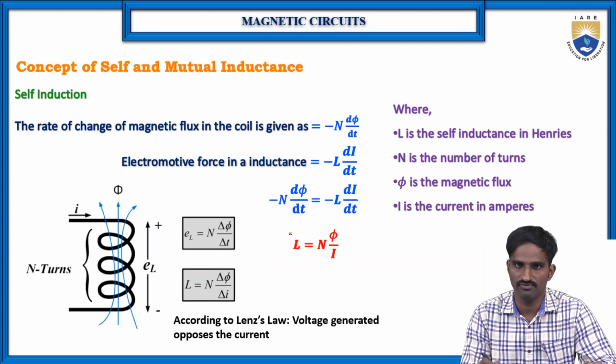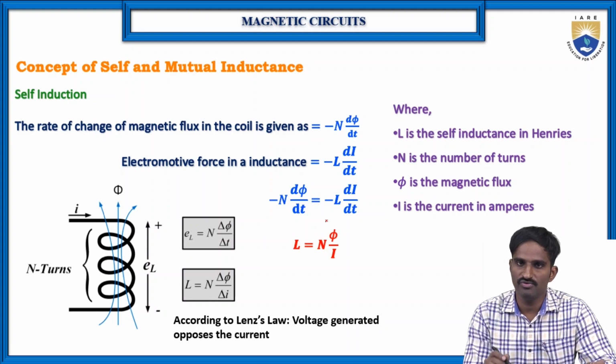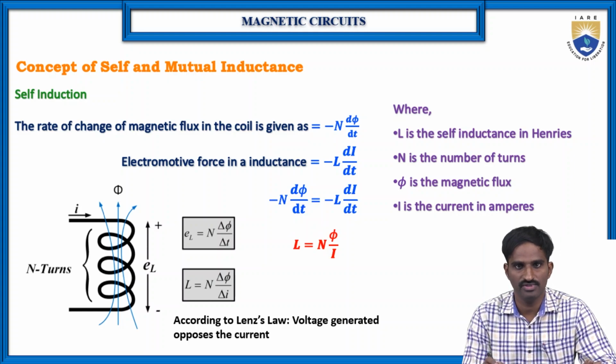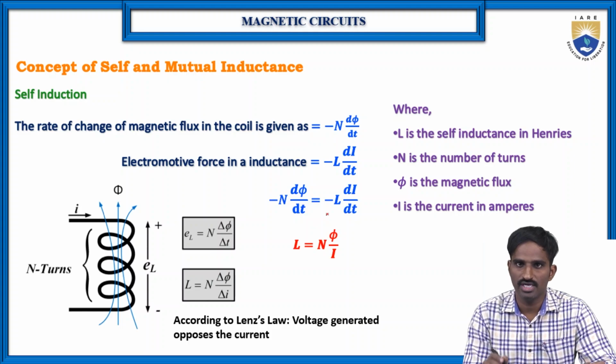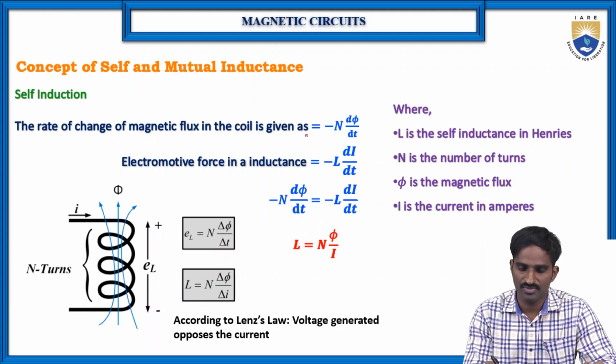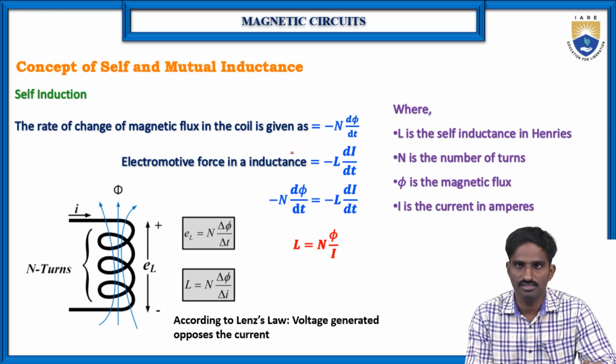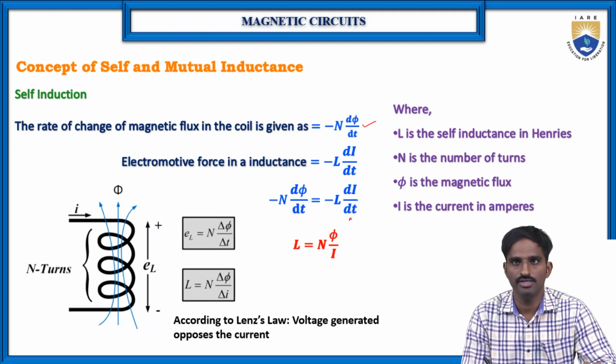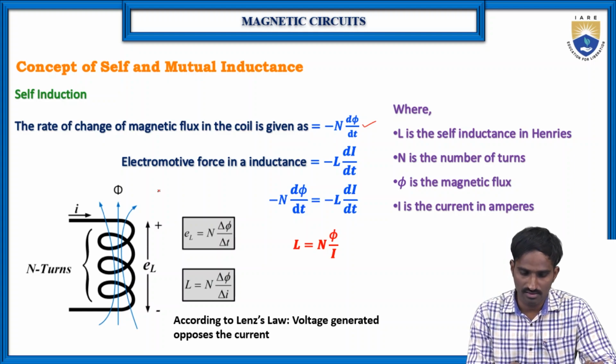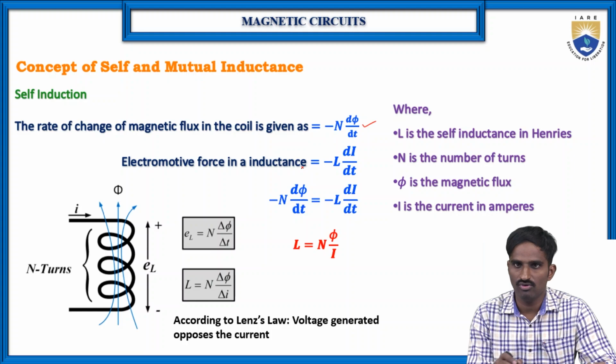Because of the rate of change of flux, and the EMF induced in the coil also depends on the number of turns. So let us consider this equation: the EMF induced in the coil with respect to the rate of change of flux is represented by minus N into d phi by dt.